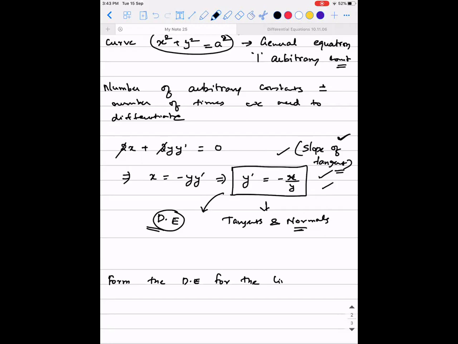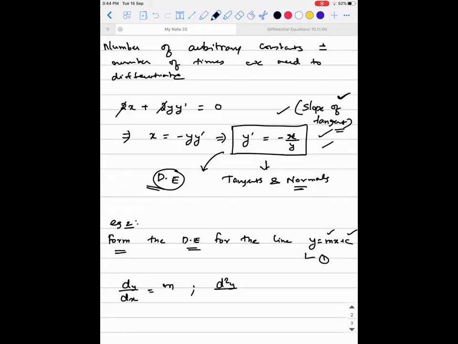Then dy by dx, and d square y by dx square will be equal to 0. So this would be the required differential equation. Did you understand why I differentiated twice?